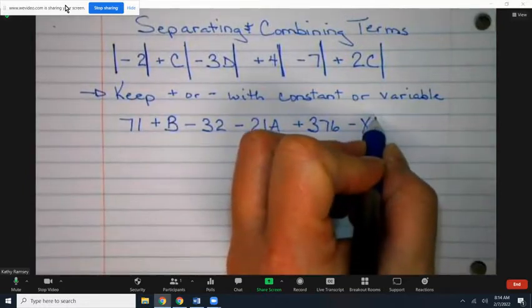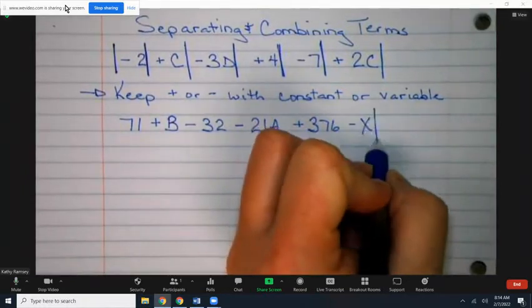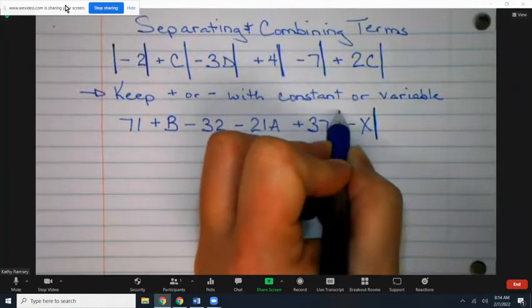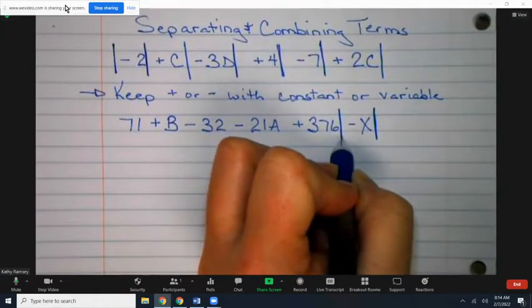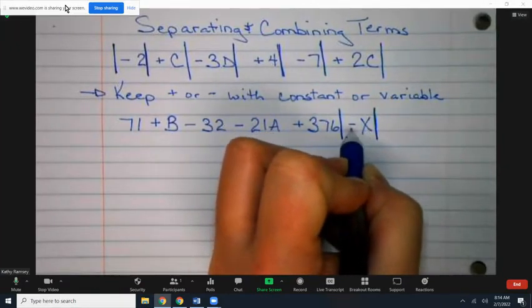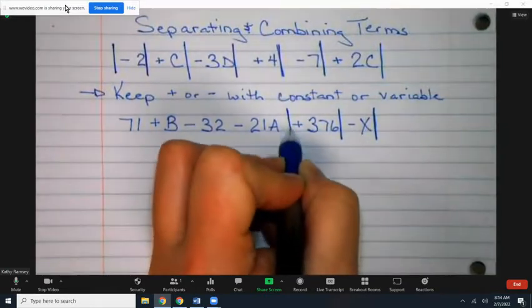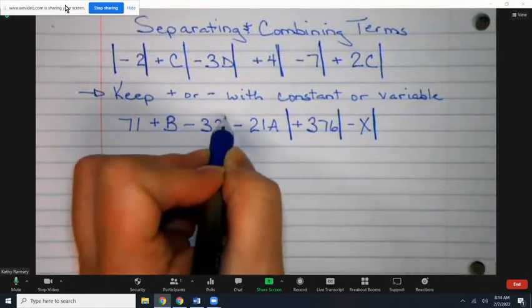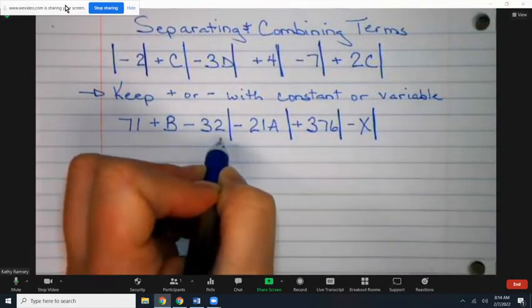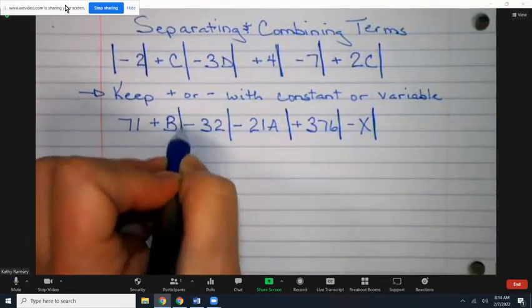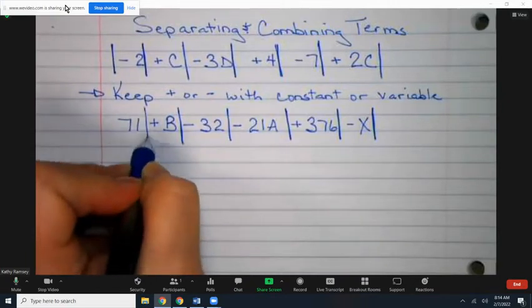So this time I'm going to go from the back. And it's just because I'm being weird about it. So the x needs the sign. The 376 needs the sign. 21a needs the sign. 32 needs the sign. B needs the sign.